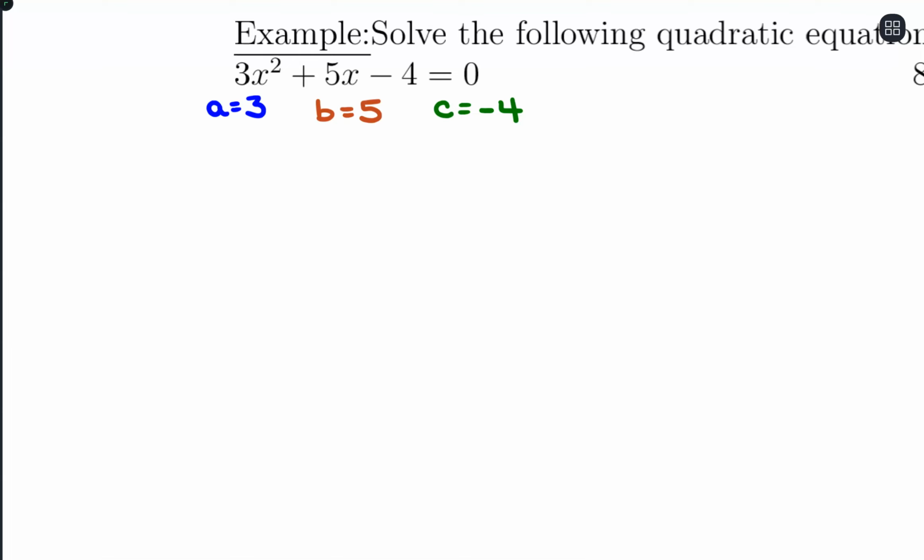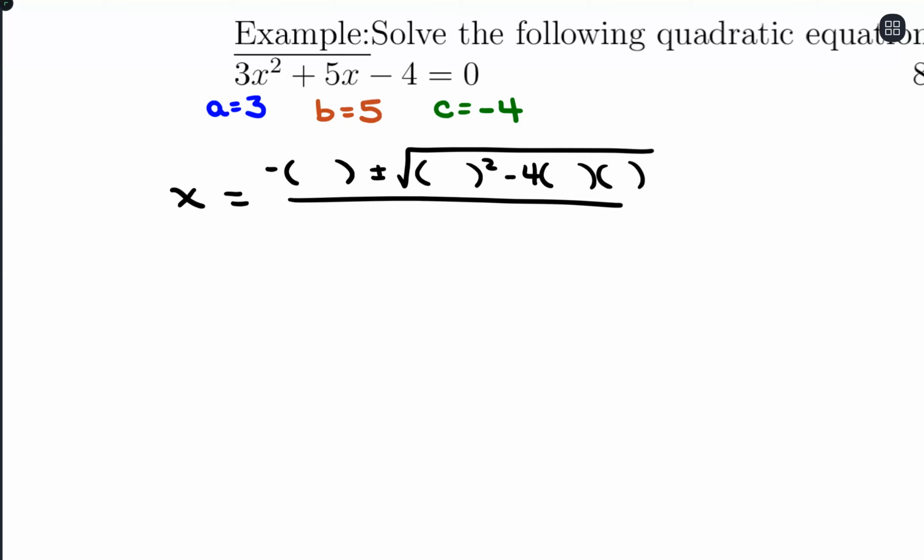Okay, so I'm going to set up my format here of x equals negative b plus or minus the square root of b squared minus 4ac, and just using parentheses will be super helpful, especially for those negative numbers.